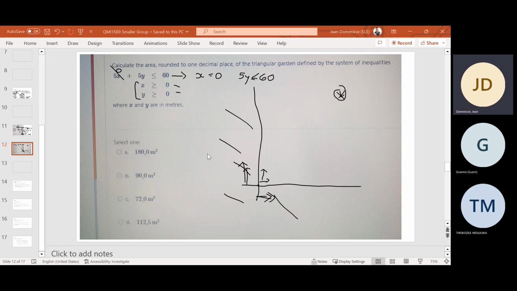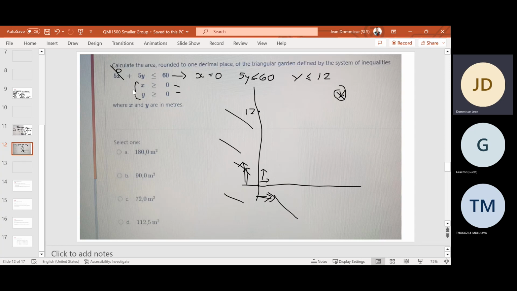So 5y will be smaller or equal to 60. So y will be smaller or equal to 60 divided by 5, which is 12. So when x is 0, y will be 12.